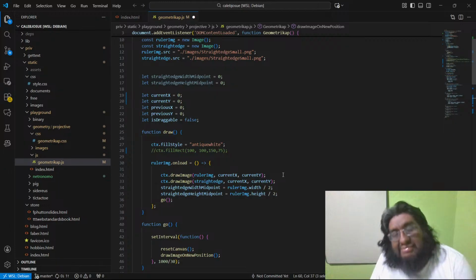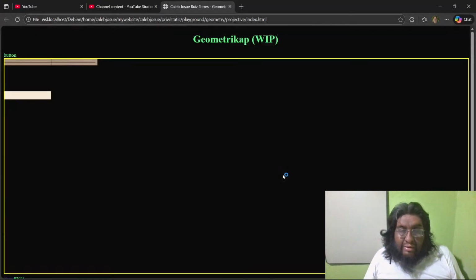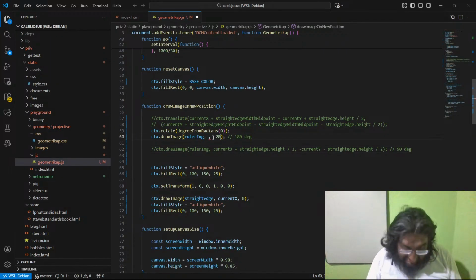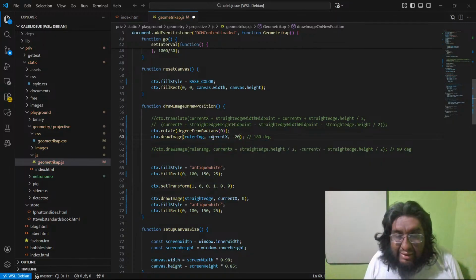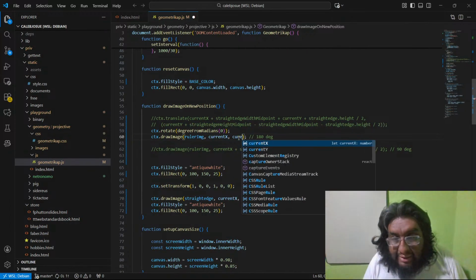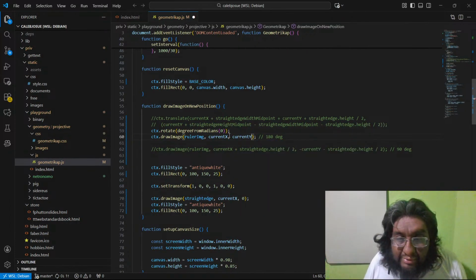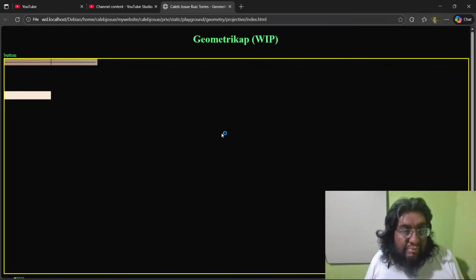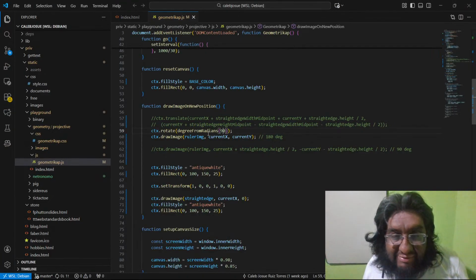okay, so let's start with that. And now let's use 90. Okay, this thing is not rotating. Something is wrong.